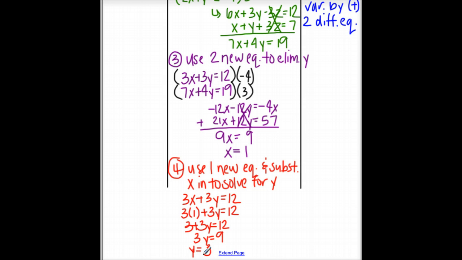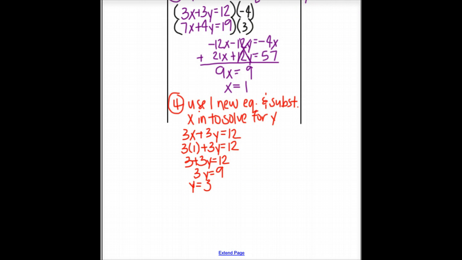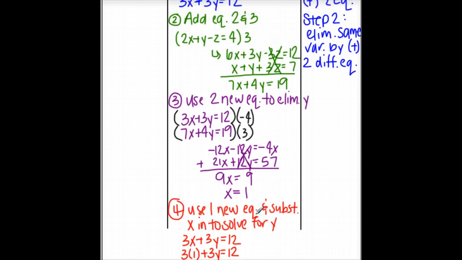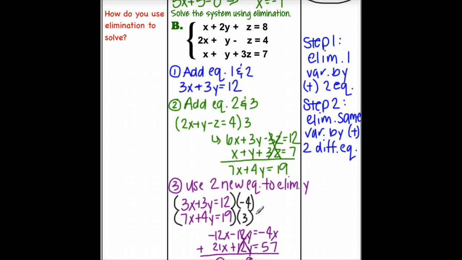So now I've got two of my variables. My final step is going to be to substitute into one of the original equations to get my z value. If I go back up to the top here, I want to use the last one because x and y are already coefficients of 1, which means my numbers are going to stay small.